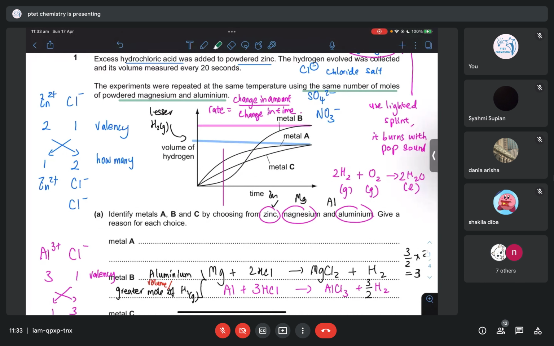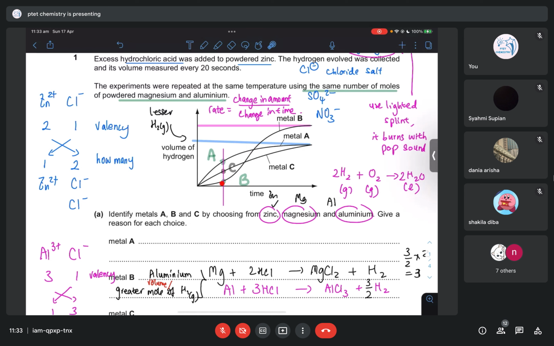The green one there is A, and then the black one here is C. I meant to say that is C. And then I try another one. This green one here is going to be B. So what we can say here is B is going to be slower at first, but then it becomes much faster.